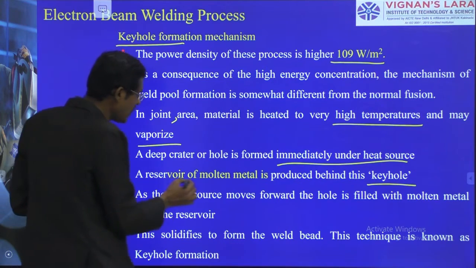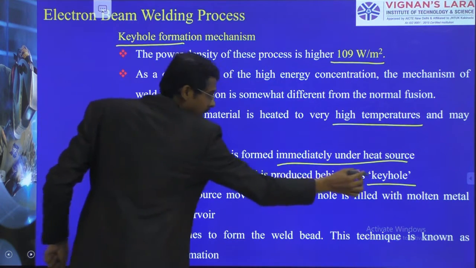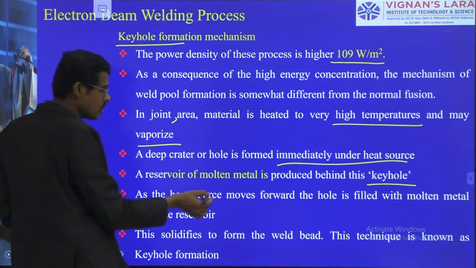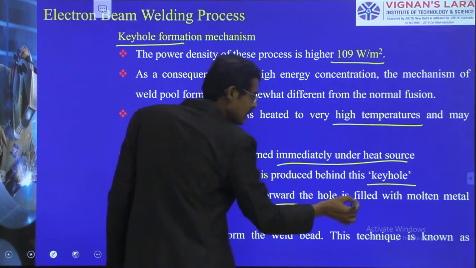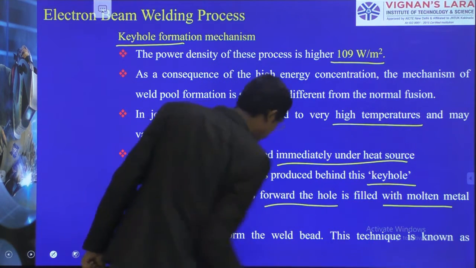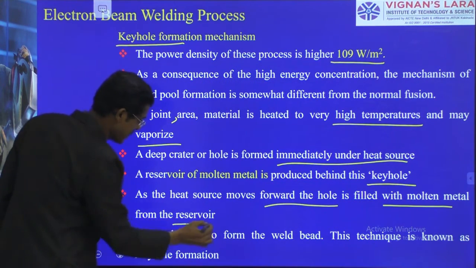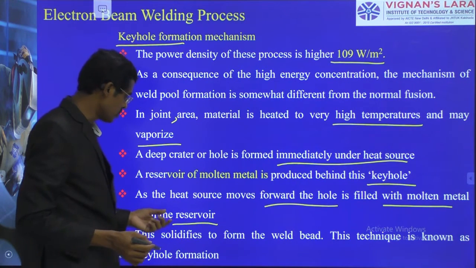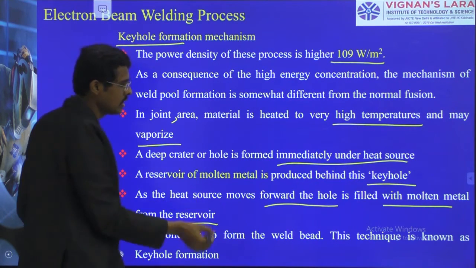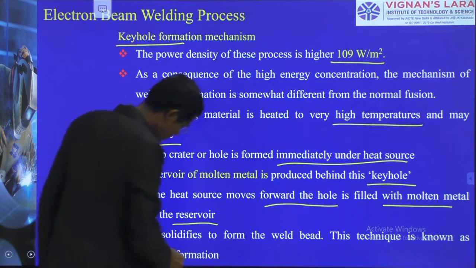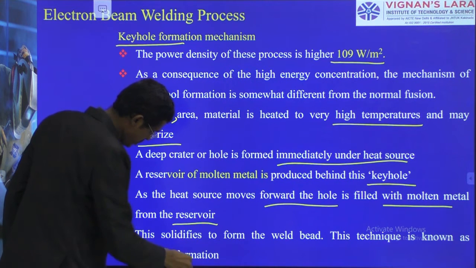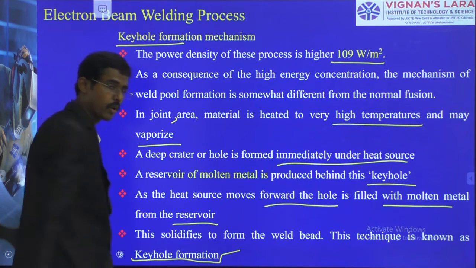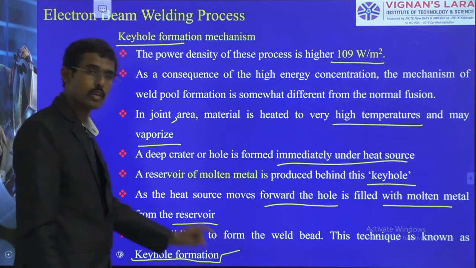That is how the reservoir of molten metal is produced behind the keyhole. As the heat source moves forward, the hole is filled with molten metal from the reservoir. This solidifies to form a weld bead. This technique is known as keyhole formation. So through the electron beam welding process, we are generating the keyhole method.